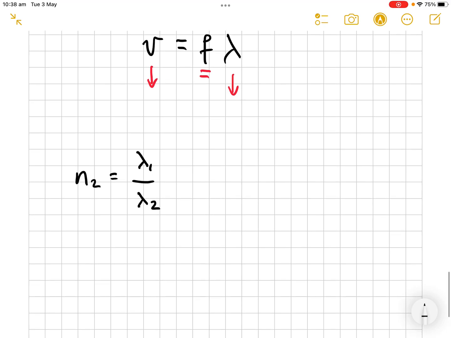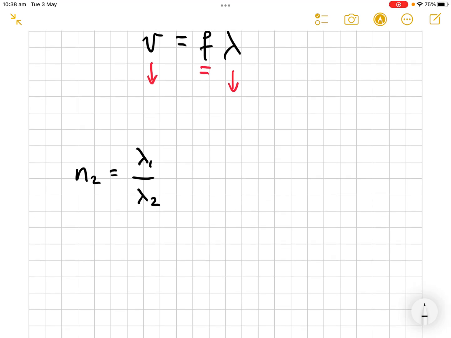You can see that the refractive index is going to depend on the change in the wavelength. So different wavelengths will have different refractive indices, basically. So when you change the wavelength of the light, which in practice basically means changing the colour of the light, that's the frequency, then different colours will refract by different amounts.